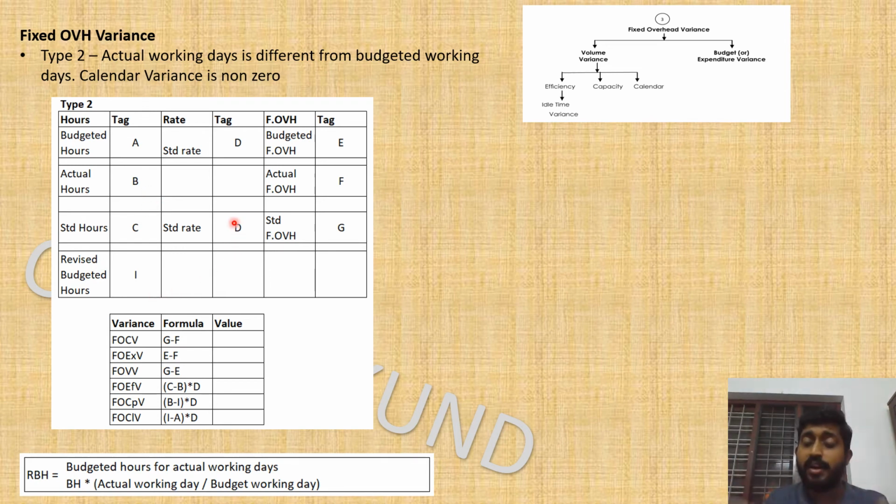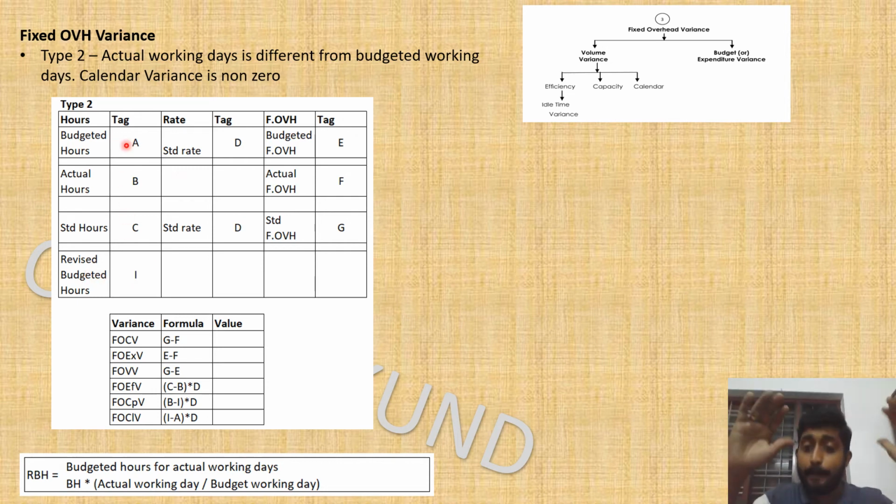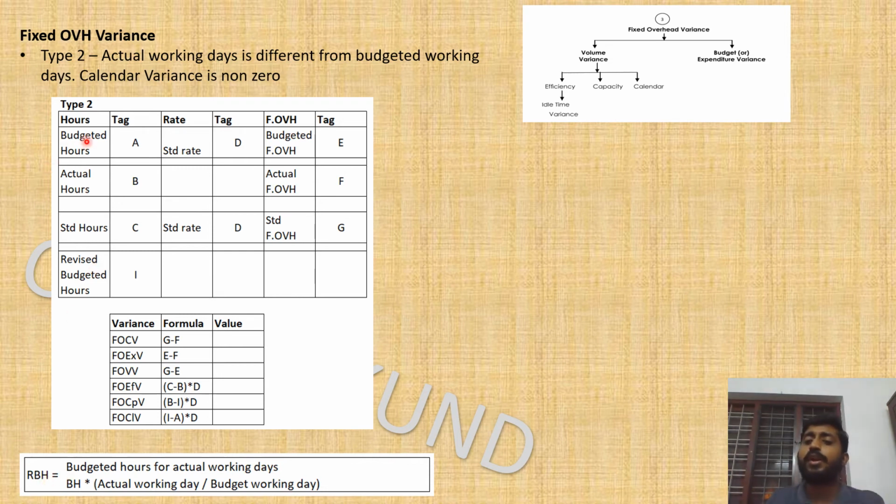Next, the last one, the calendar variance, is between the budget and the revised budget. So what is that? (Revised budgeted hours minus budgeted hours) multiplied by the standard rate will give you the calendar variance. Here, how to calculate the revised budgeted hours I have also given. Budgeted hours is for budgeted working days. Then for actual working days, what are the hours?